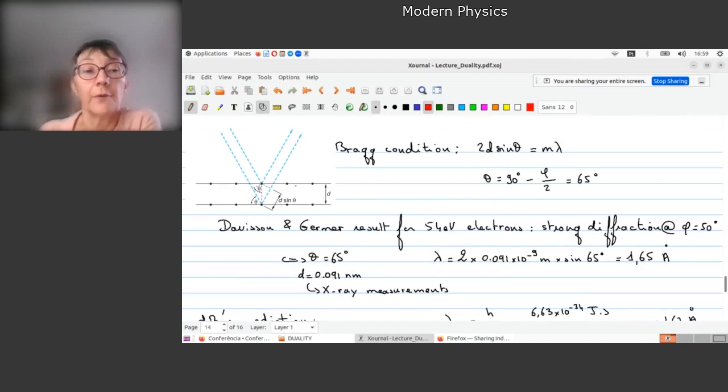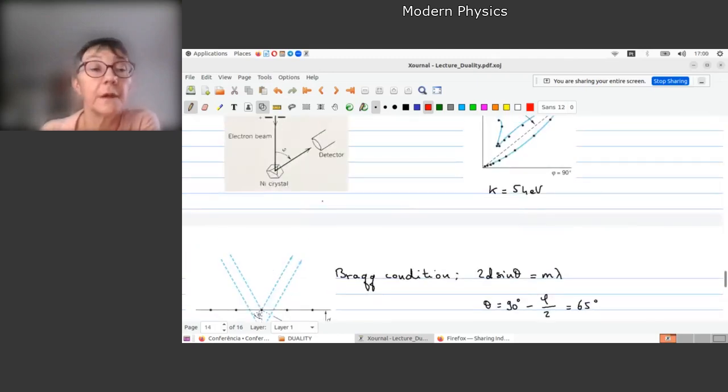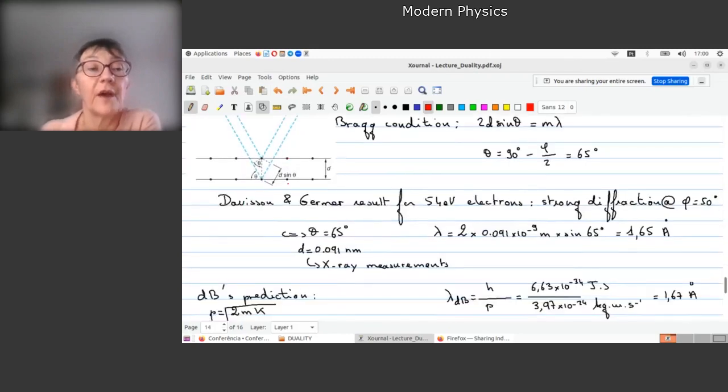If it can be described as a wave, remember here, you have two planes. This is a nickel crystal here. And so inside this crystal, you have families of atomic planes, and they are separated by the interspacing d. It is called d.